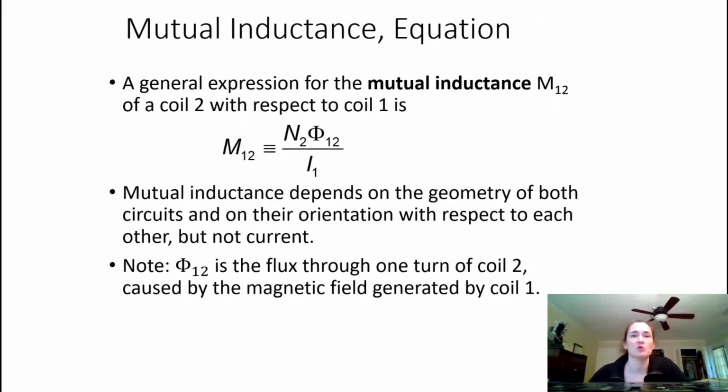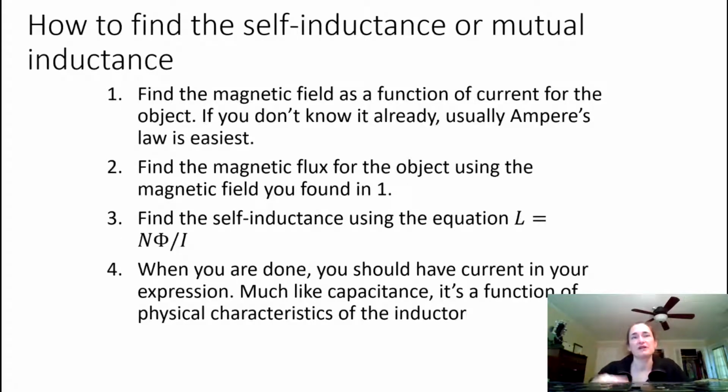You did some homework questions on this, and there were some examples that you should look at. The procedure for finding the self-inductance or the mutual inductance is pretty much the same: find the magnetic field first, if you don't know it already. If you do know it already, you can skip straight from your known expression for the magnetic field to finding the inductance to save time.